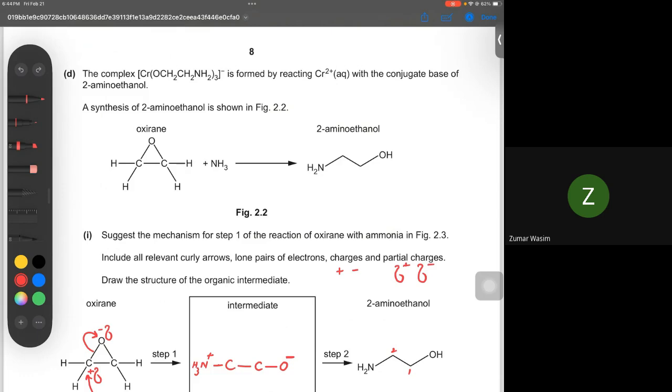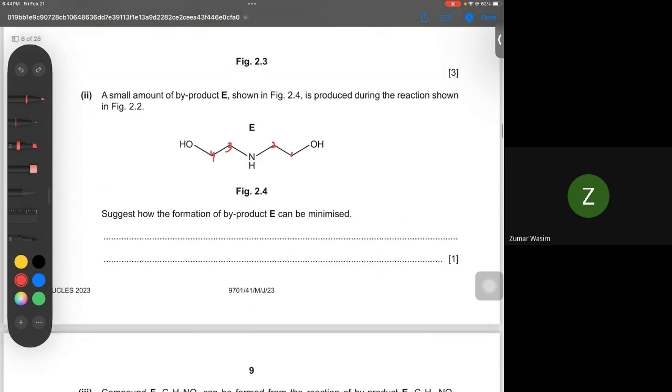So how can I minimize this product? I don't want to have this product. So I can say limit the amount of oxirane.